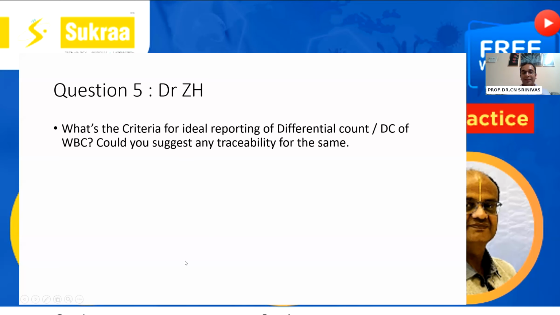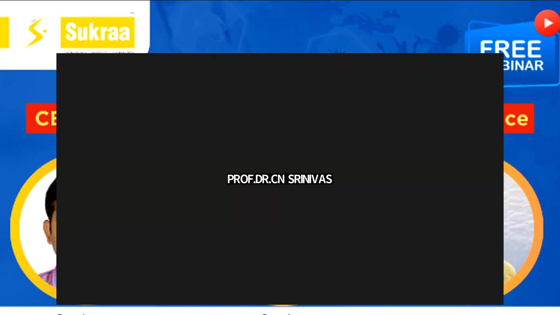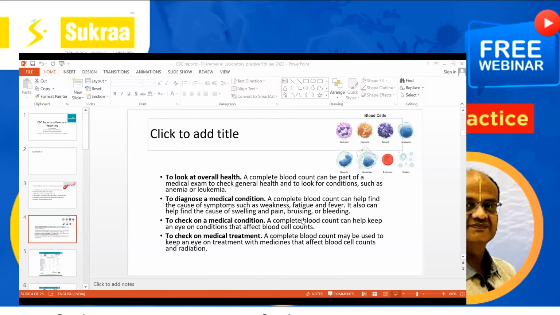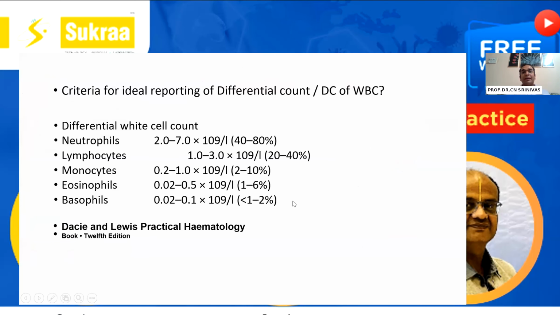Yes, I will try my best. So the criteria for ideal reporting of differential count is, as sir said, we have to report it in percentages as well as the absolute counts.